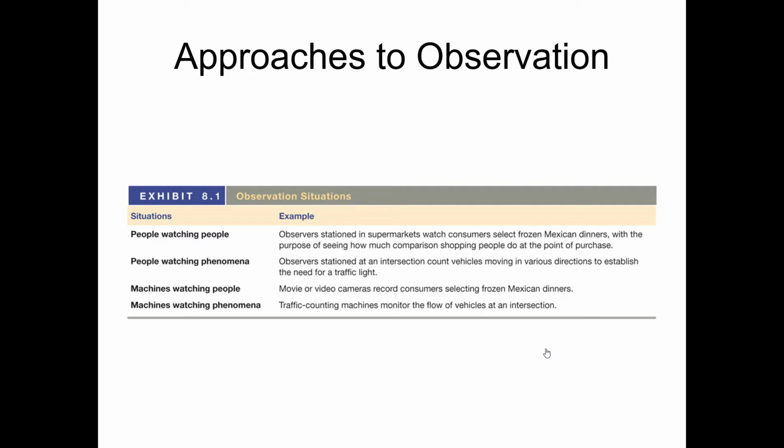For example, the textbook example talks about how we can observe how many vehicles are moving in different directions, so that we can establish whether there is a need for a traffic light. Remember the traffic light just downstairs from College Park, where we cross College Park to the LH building?